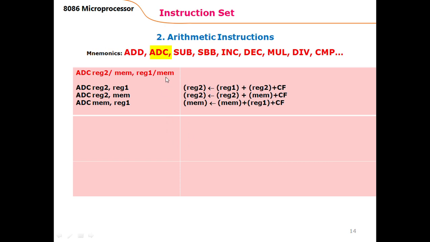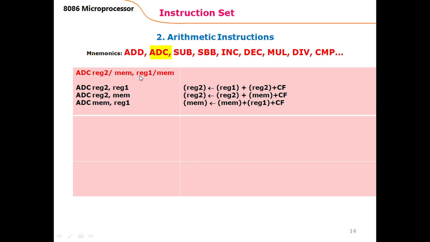Add with carry is a slightly different version of the add instruction, but the addressing modes are quite similar. Here the add with carry instruction not only adds the 2 operands defined by the 2 arguments here, but in addition it also adds the content of the carry flag.